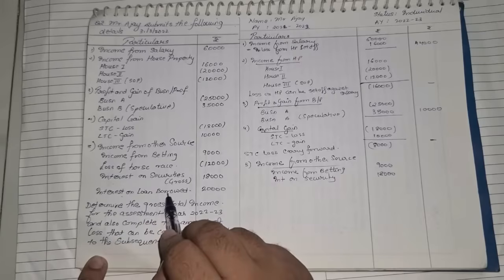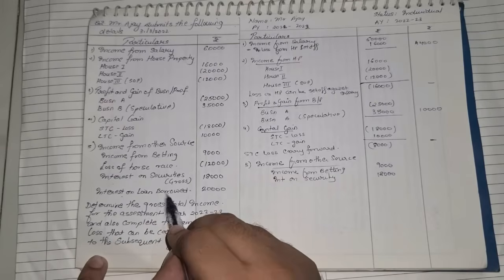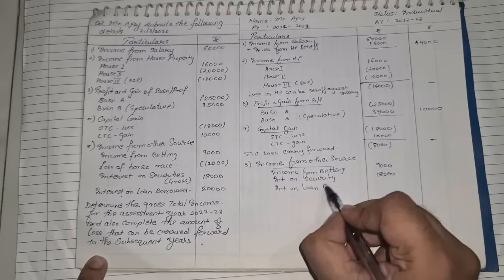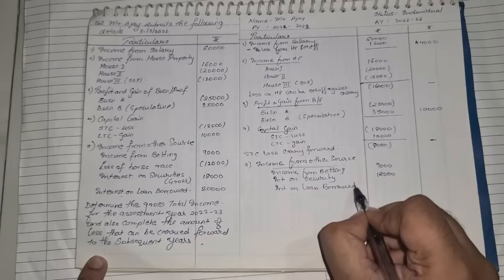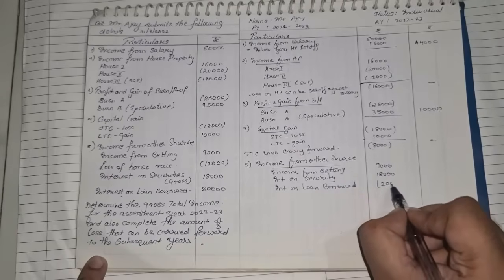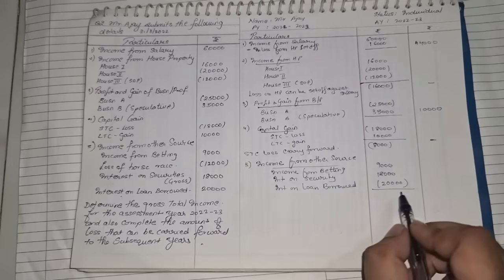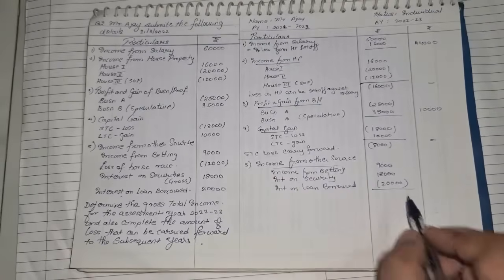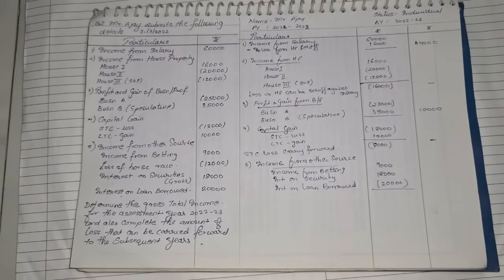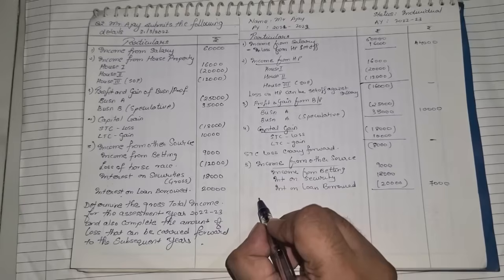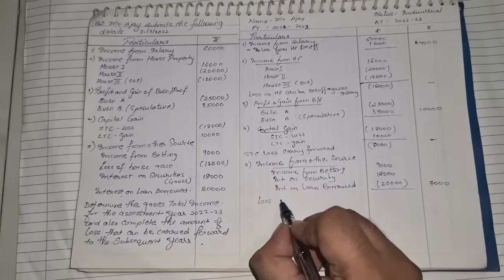Now interest on loan borrowed, that's negative. Okay, so that's like a loss. So interest on loan borrowed is a negative 20,000. Now this can be set off. Okay, these can be set off against each other. So 20 minus 18 is 2, and then we have 18 minus 20 is negative 2, and negative 2 and positive 9 will give you a positive 7,000. And lastly, the loss from horse race.